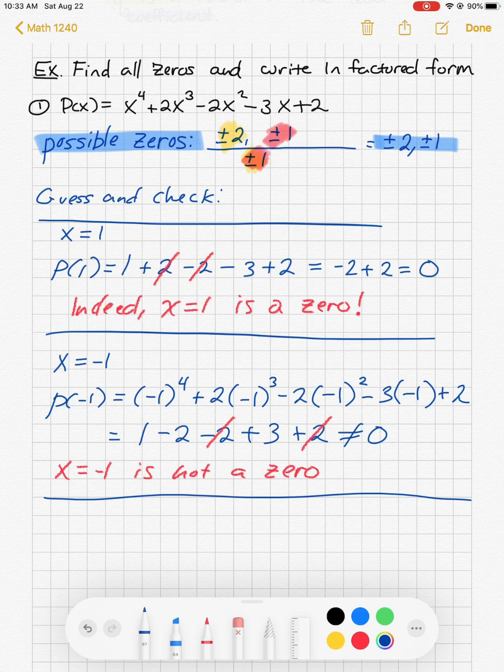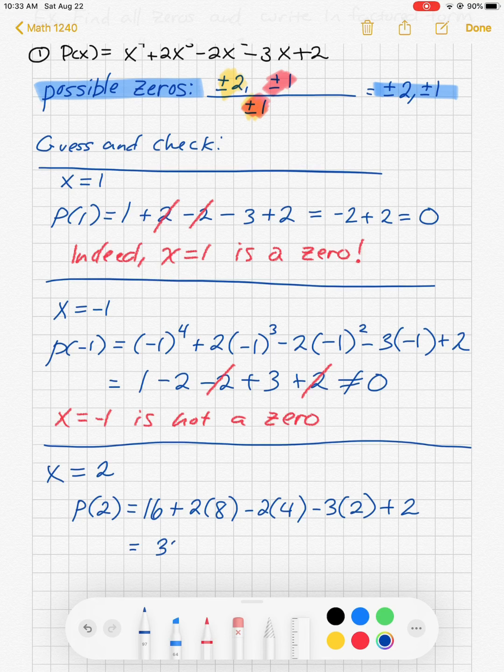Let me try 2. P of 2: 2 to the 4th, is it 16? Plus 2 times 2 cubed is 8, minus 2 times 4, minus 3 times 2, plus 2.